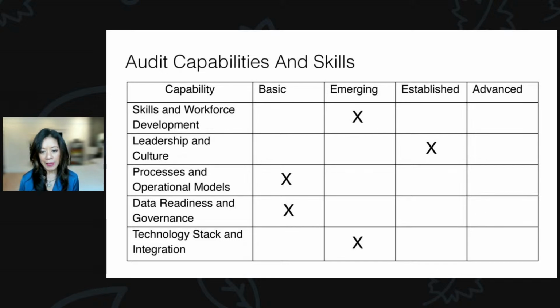And then having a really honest conversation with yourselves and saying, what is the status of those capabilities? If we have gaps in these areas, if it's not at least at that emerging or ideally at that established level of maturity, then you're going to have to do some foundational work early in your roadmap to make sure those capabilities and skills are there.